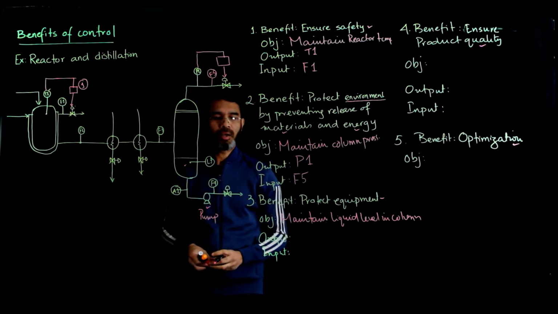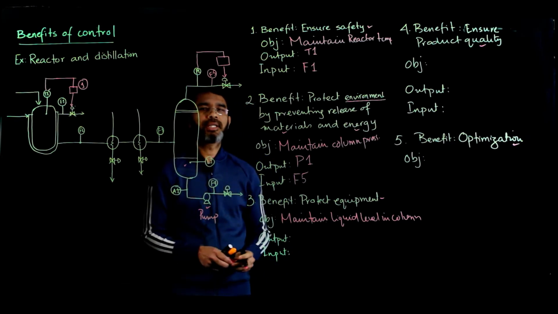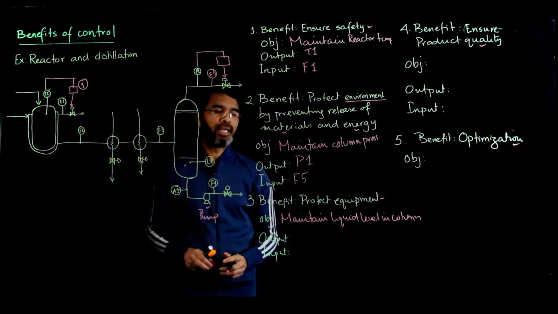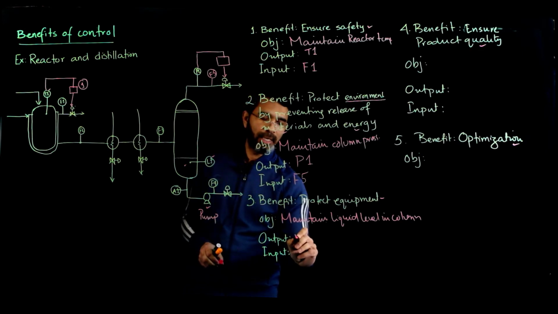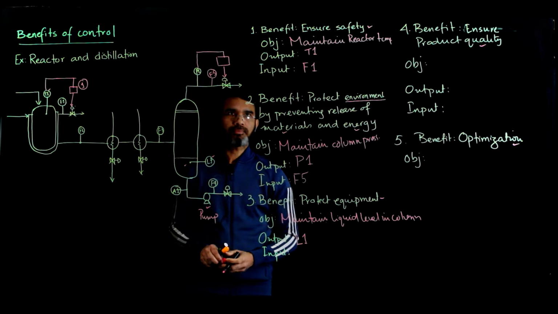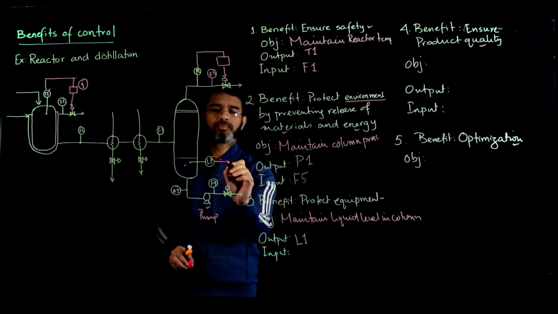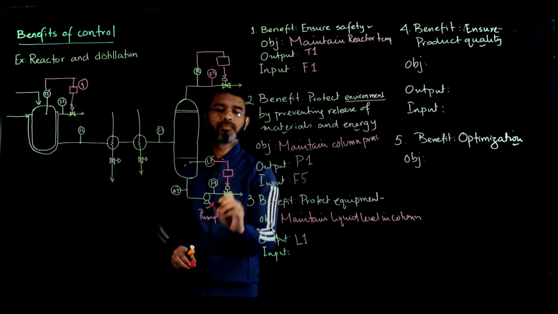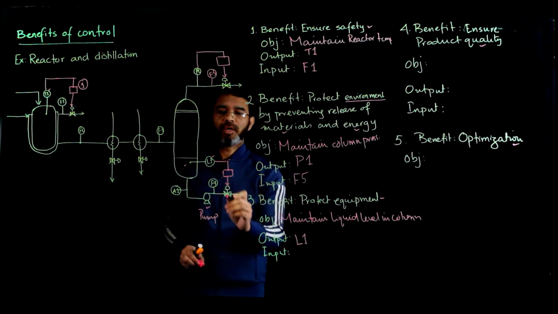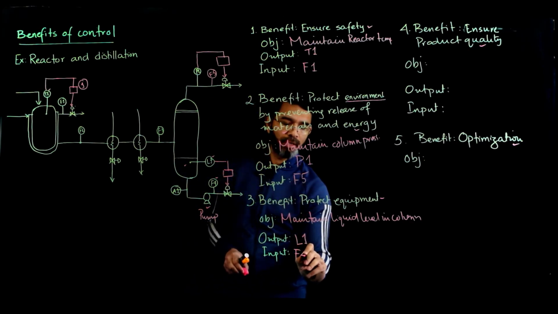So to protect the pump, we have an objective to maintain liquid level in the column. The output in this case is L1, the level of liquid. And if you want to do this by manipulating this flow, that flow denoted by F4 becomes our input.